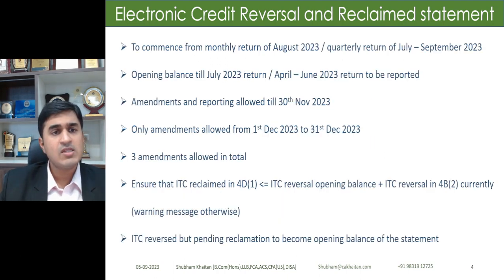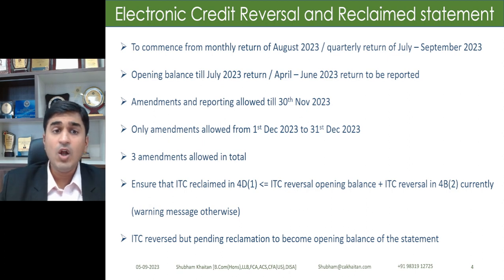So we need to commence with our monthly returns. This particular statement would be commencing from the monthly return of August 23, and in case of quarterly returns it would be commencing from July to September 2023. So in the first period's return, which would be filed for August 2023, this amount would appear under both ITC reversals as well as ITC reclaim, depending on the 4B2, which is ITC reversals, to be added, and less ITC reclaim 4D1.